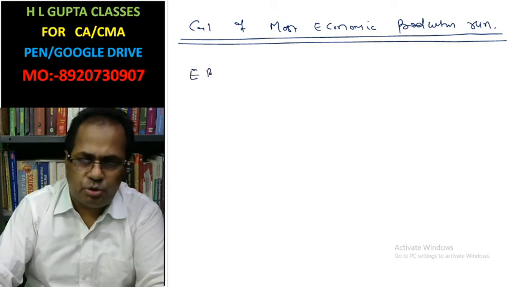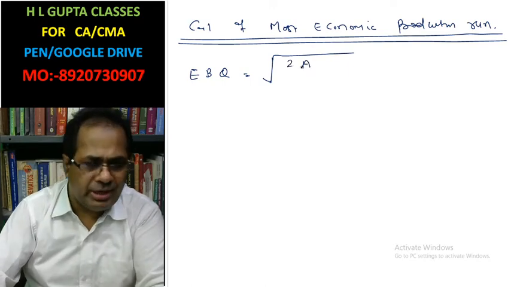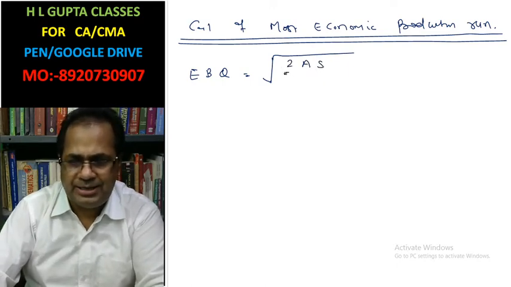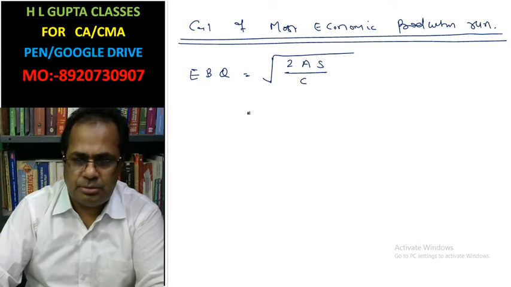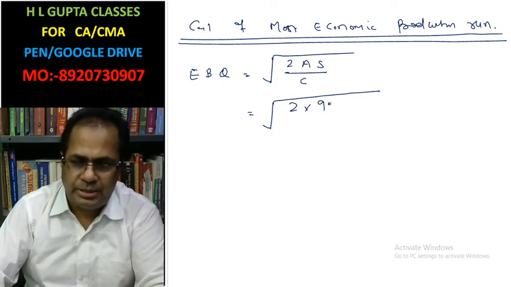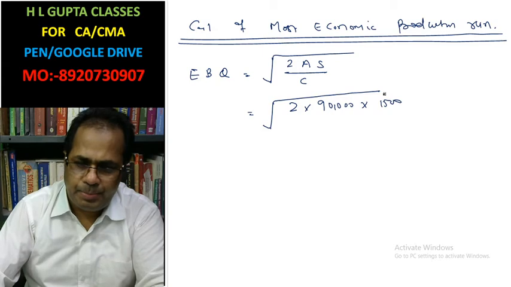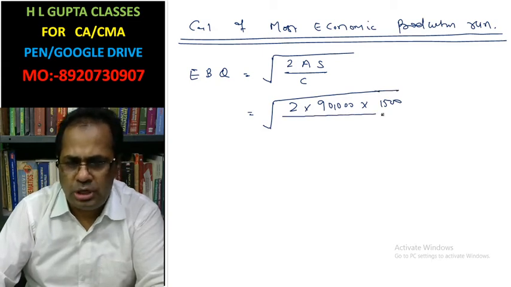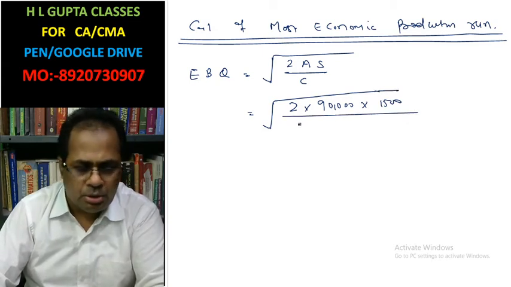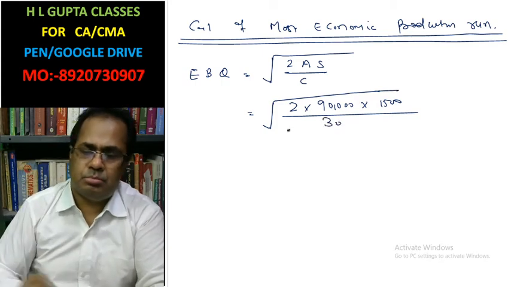This is also called EBQ, root under 2AS by C. Root under 2 into 90,000 into 1500, whole divided by that is rupees 30.